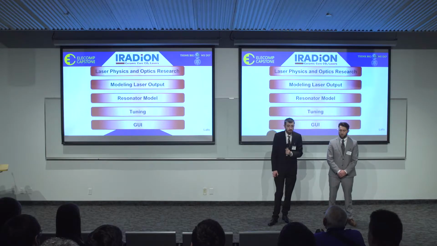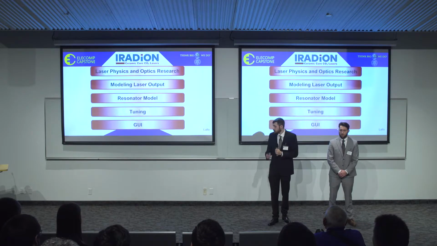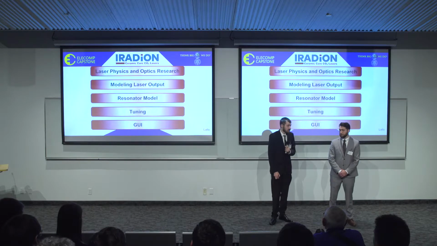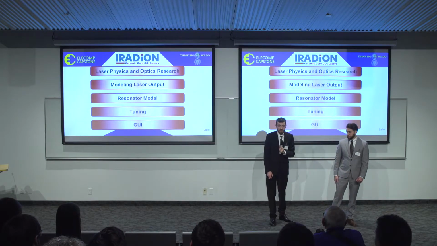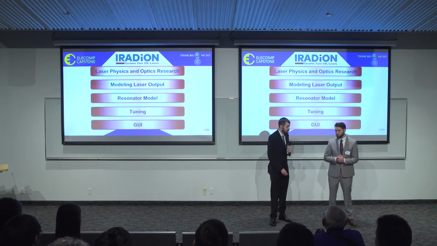The next step is to model the resonator itself. Once the model is complete, the next step is to tune the laser alongside the actual beam. The model would need to be accurate and deemed passable before it could go on to the final phase, which is to create a graphical user interface and an instruction manual to make the software easier for the company to use. Jonathan will now go into more detail on the project's current technical accomplishments and what remains for the project to come.